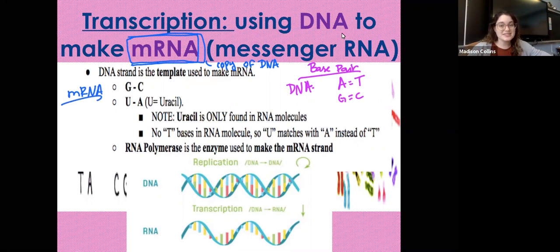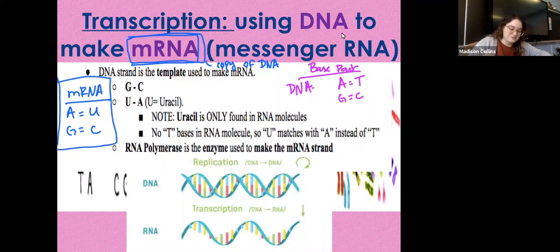So whenever you see an mRNA strand, G is still going to pair with C. But instead of A pairing with T, we're actually going to see A pair with U in mRNA.